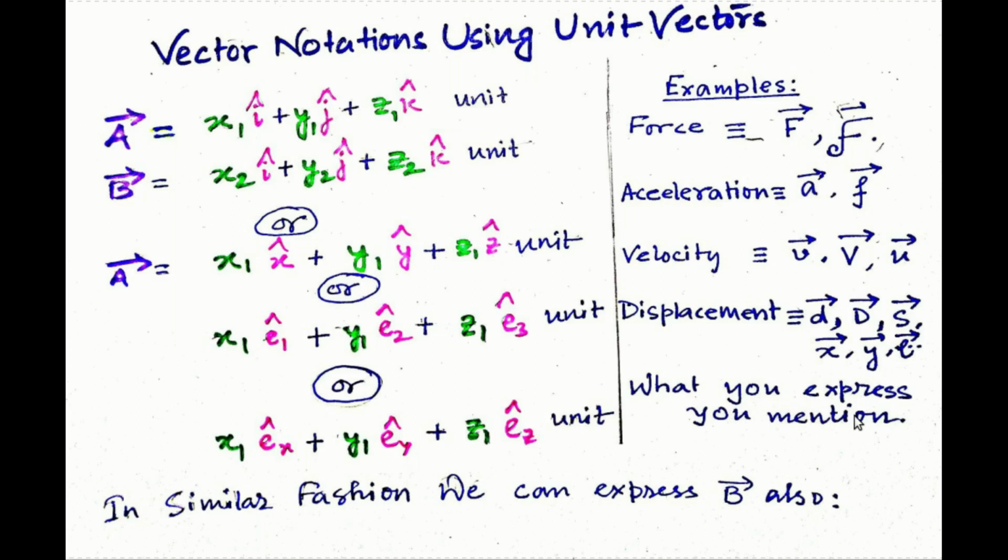Suppose I am taking L as the displacement vector, we have to mention that L is the displacement vector. We have to write it down, otherwise L may have a different notation in different contexts. Now force, acceleration, velocity and displacement, these four are vectors, but the units of each and every vector are different.